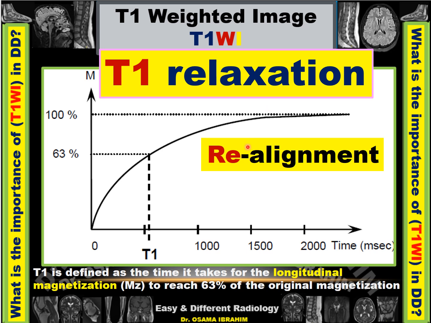This is the T1 relaxation as I described before in the physics presentation. T1 means the protons return to longitudinal magnetization with the main magnet, and this return takes time. According to this time, the tissues can be differentiated.